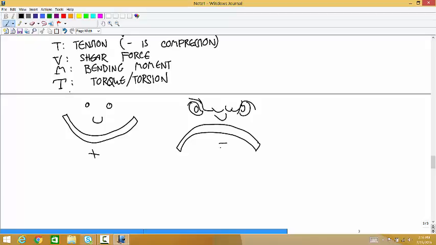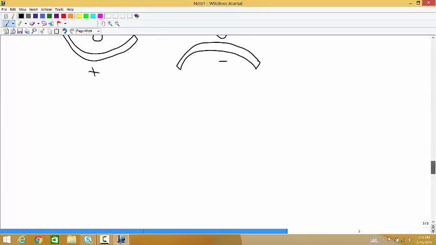Okay. So let's do that calculation again and see how it works with these new sign conventions. So I'm going to repeat the last example with the new sign convention.